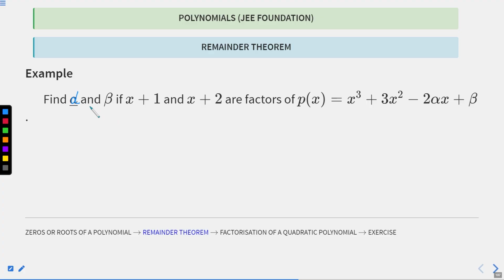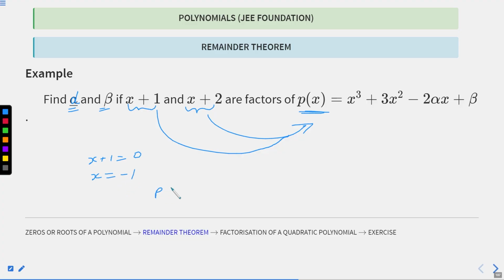Okay, so we have to find the alpha and beta, and we are given that these two linear polynomials are factors of this polynomial. I hope this is clear. If this is a factor of the given polynomial, then by putting x plus 1 equal to 0 we get x equals minus 1.